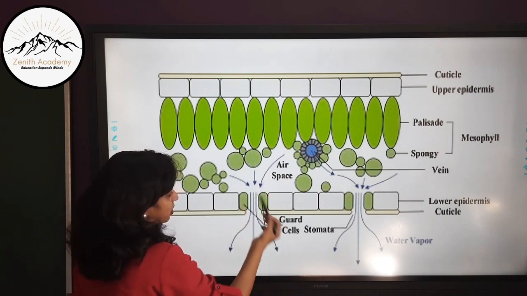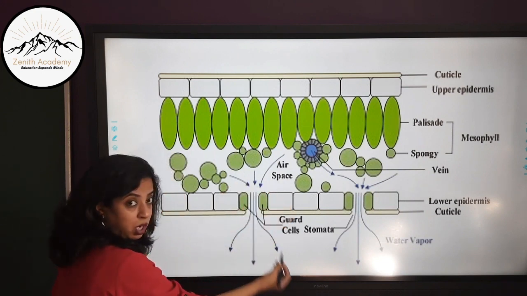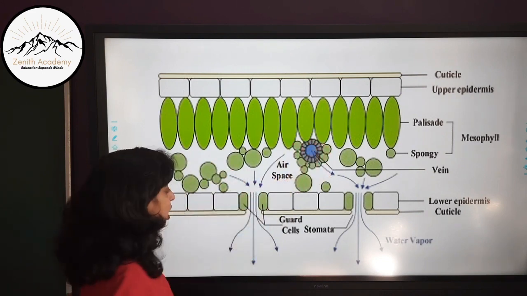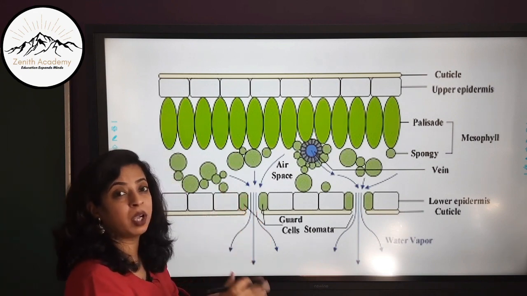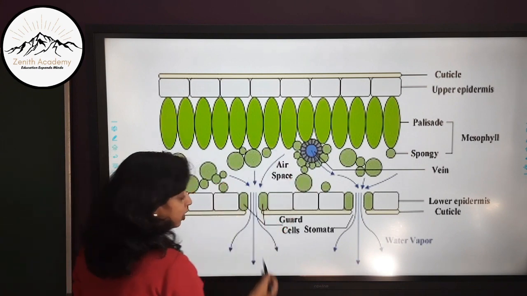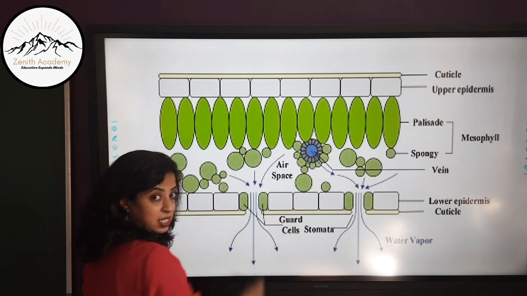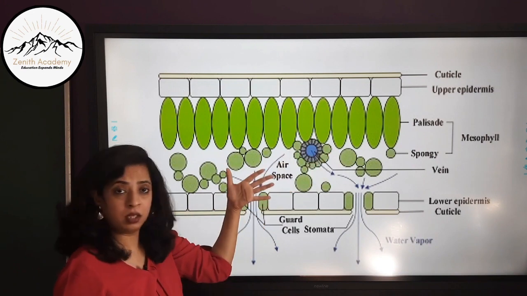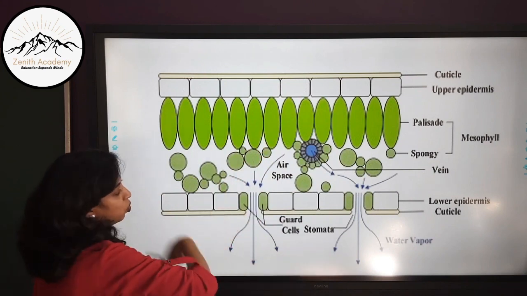From the substomatal spaces, when the guard cells are open, the water vapor comes out through the guard cells, and when there is enough transpiration happening and the water content is less, the guard cells of the stomata become flaccid or loose, we can say, or become non-turgid, and then they close. Once the water is lost, you should also remember, more water is absorbed from these veins, and hence there is a continuous pressure from this part to the roots to absorb more and more moisture. So, this process goes on happening.